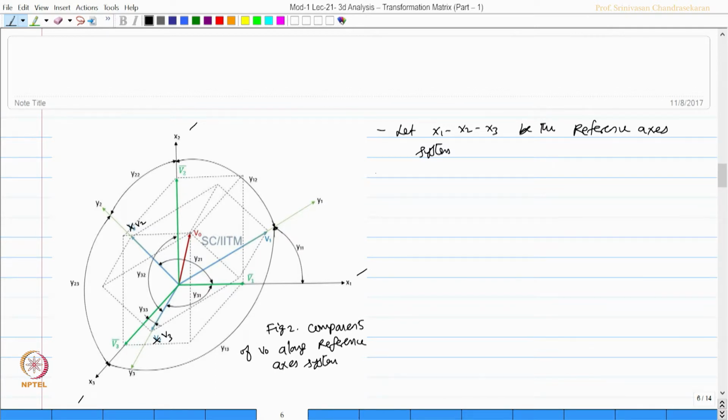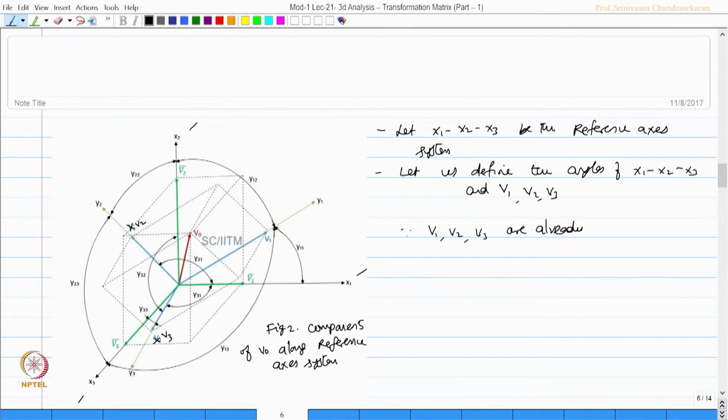Now, let us define the angles of x 1, x 2 and x 3 and the vector v 0, or vectors v 1, v 2 and v 3, because vectors v 1, v 2, v 3 are already resolved along y 1, y 2, y 3, is it not?